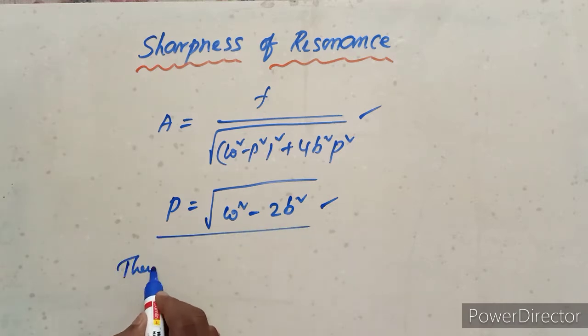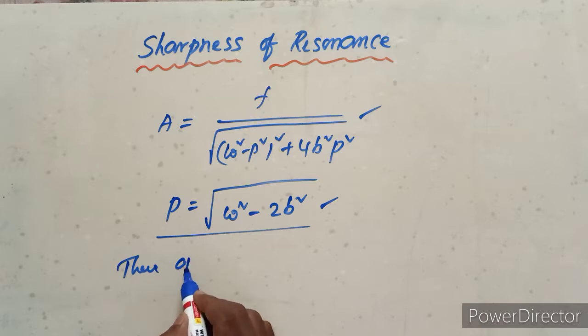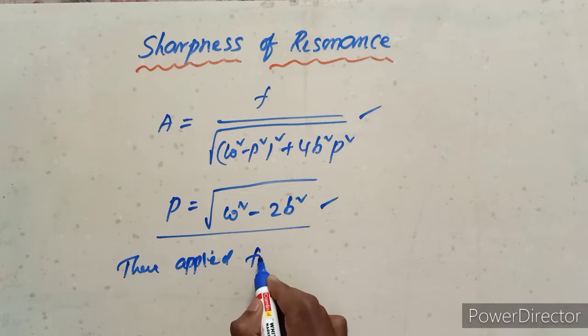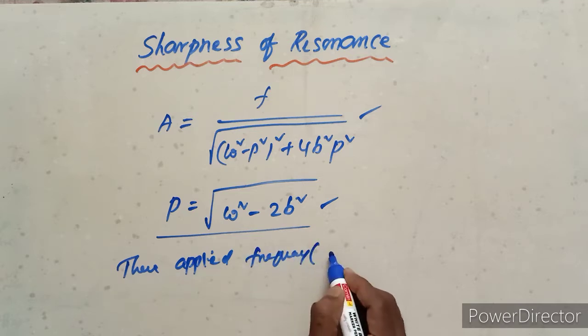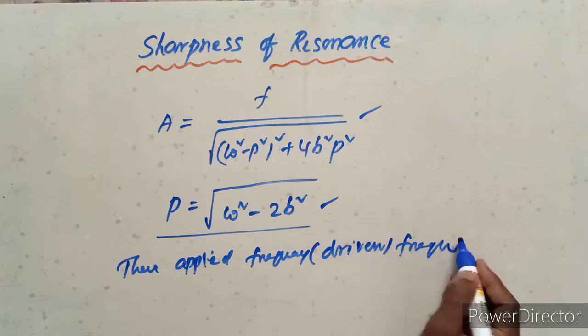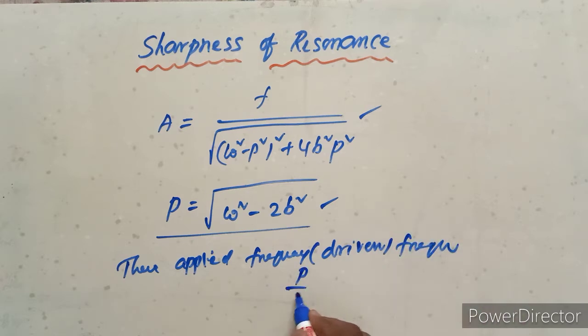Then the applied frequency or driven frequency is p upon 2 pi.